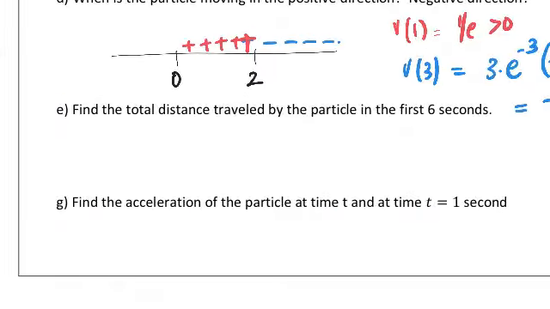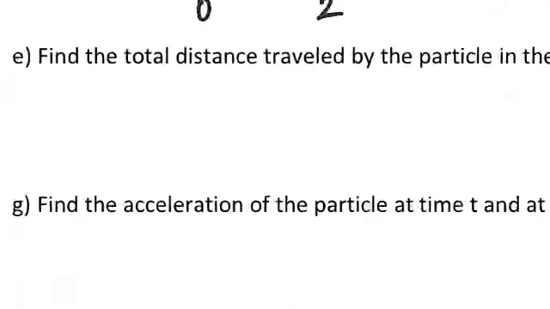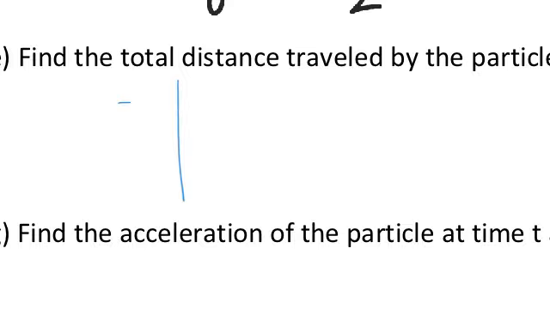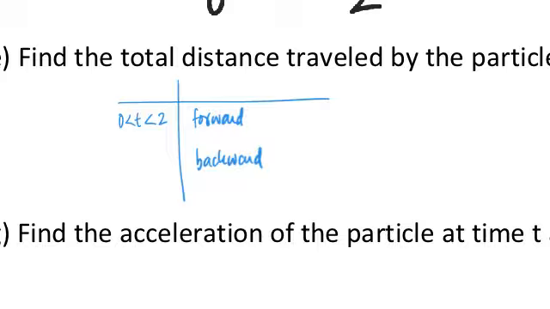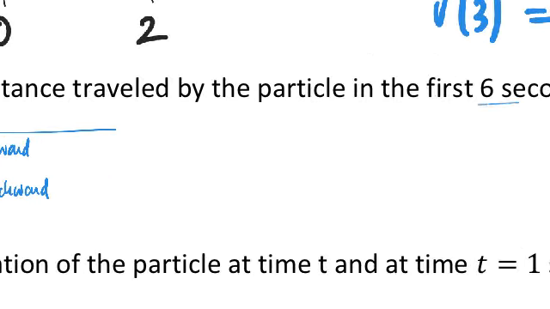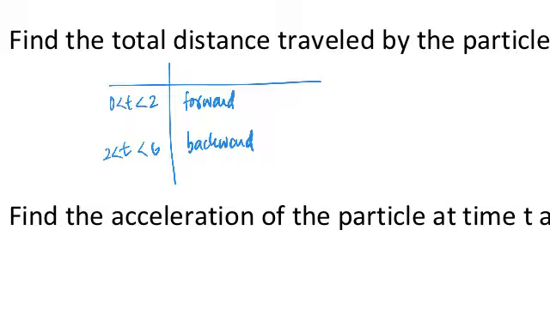Okay, the next question says the total distance. So we have to break our motion up into forward and backward, right? We have both, moving positively and negatively. So from 0 to 2, we're going forward, and then from 2 to 6, because we're asked for the first 6 seconds, we're going backward.